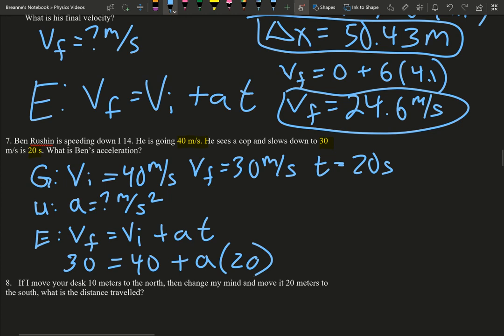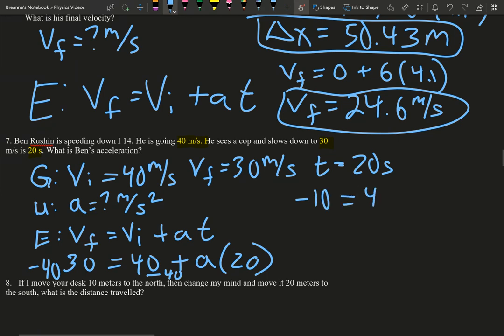You cannot add these two together. You have to bring the 40 to the other side. So you have to do minus 40.